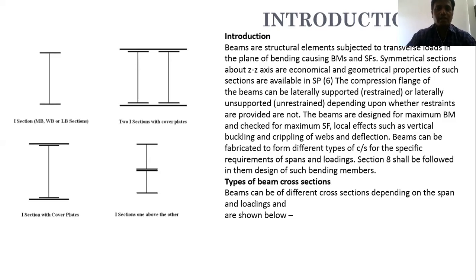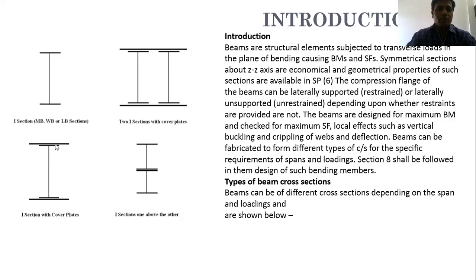Like the second example you can see here, this is the individual beam, and the second is called a built-up beam. In this, two I sections are used, and one cover plate and bottom plate is used to strengthen this beam. That means it is also for an economical purpose.